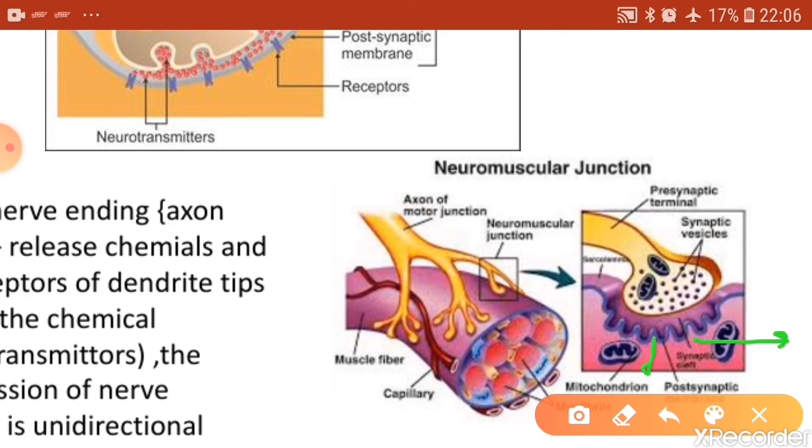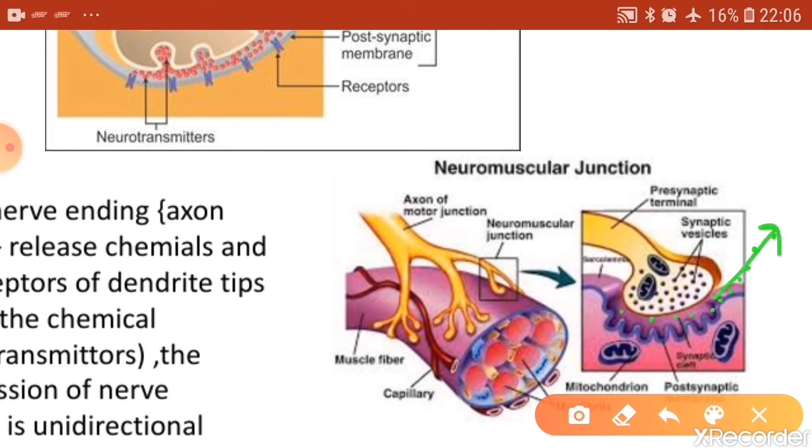So as just now stated, the electric impulse will finally reach the axon terminal, and then the synaptic vesicles which are present in the axon terminal move towards the membrane of the synaptic knob, and then on reaching the end, these synaptic vesicles release the chemical in the gap.